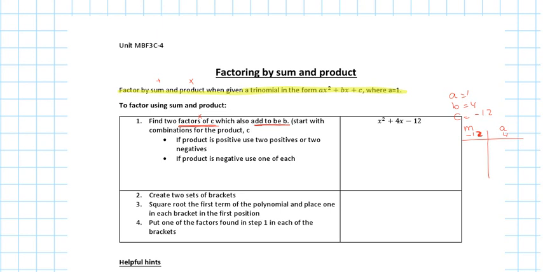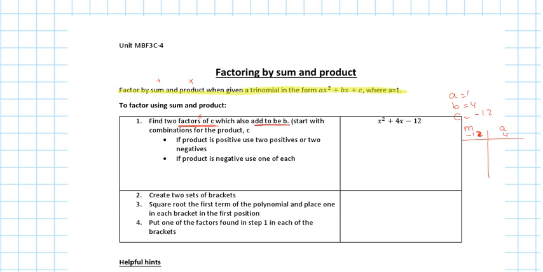Negative 12. Now, you guys have your blue sheet in front of you. That blue sheet is going to help you determine which number is going to be positive and which number is going to be negative. In this case, B is positive and C is negative. So which column are you going to look at?